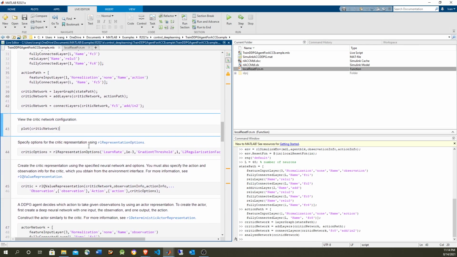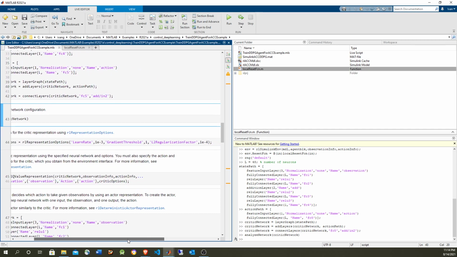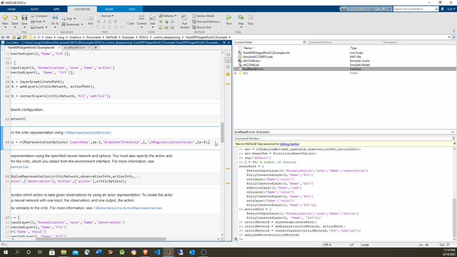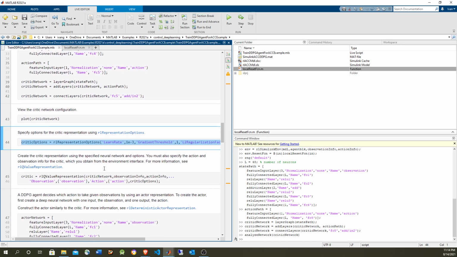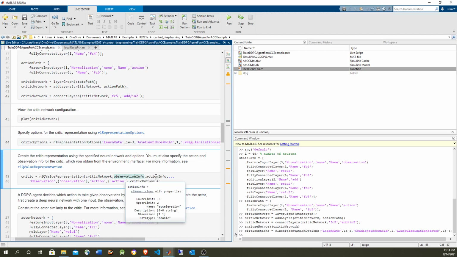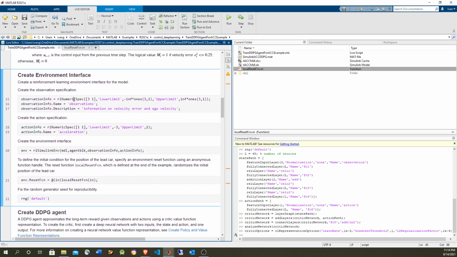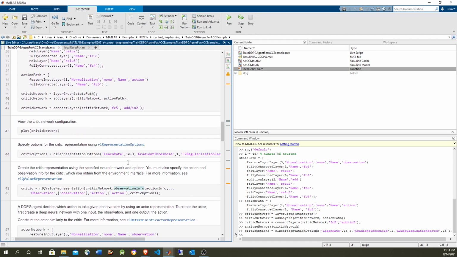Okay, so now we have the critic network. We're going to specify the options for the critic, which are some training parameters. For example, L2 regularization factor, a gradient threshold to avoid the gradient from exploding, and learning rate, 1 to the negative 3. And with that, we have the observation information, we have the action information, which are the numeric specification that we have in here for the action and observation.